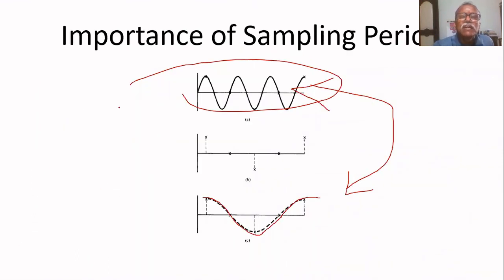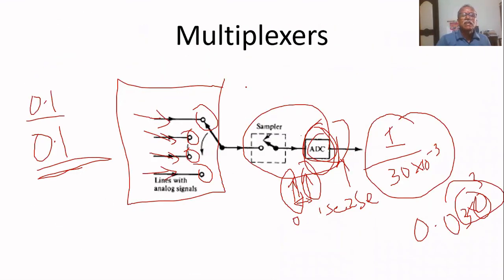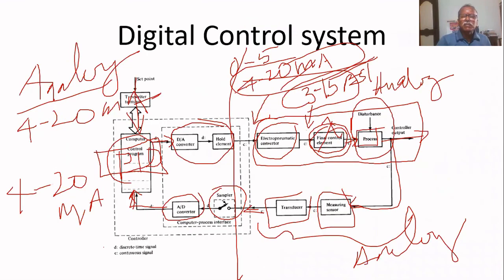Suppose samples are taken very close together, like every 1 millisecond. Let us assume if you join all these points, you will get again the same signal. So the universal PID controller that is available in the market has a very small sampling period, that is, a very high sampling frequency.